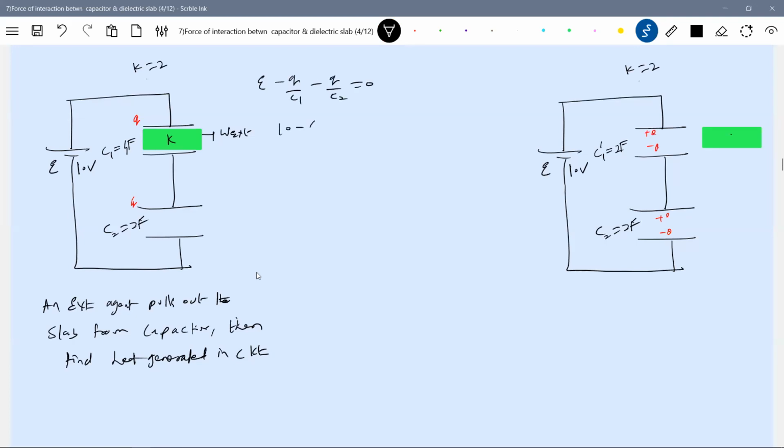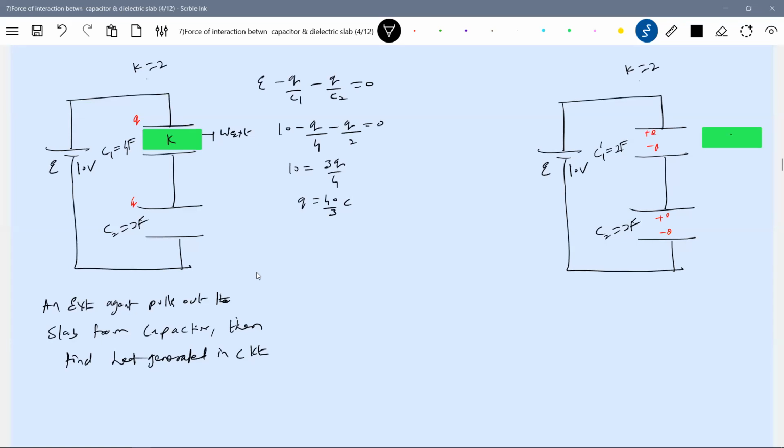E is 10, Q we don't know. This is 4, this is 2. 10 equals 1 by 4 plus 1 by 2, 3 by 4, 3Q by 4. Q is 40 by 3 coulomb. So that's the initial charge.